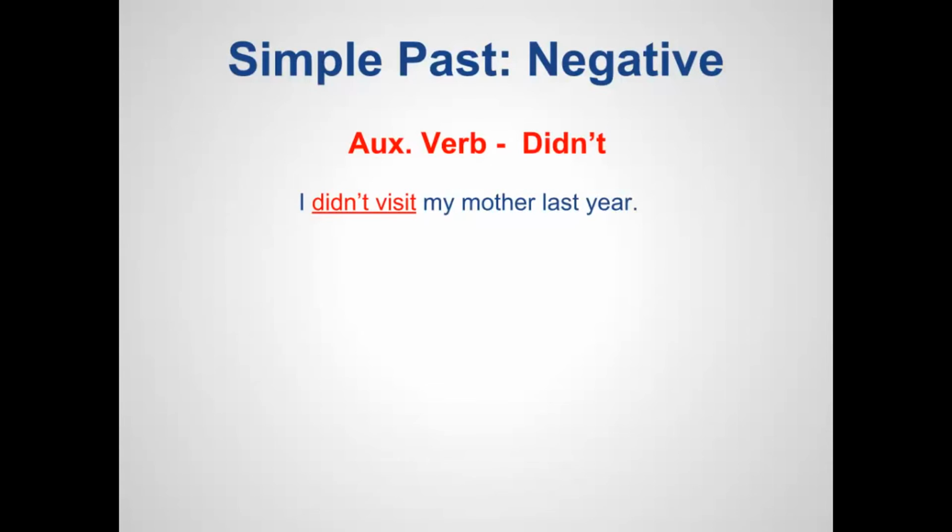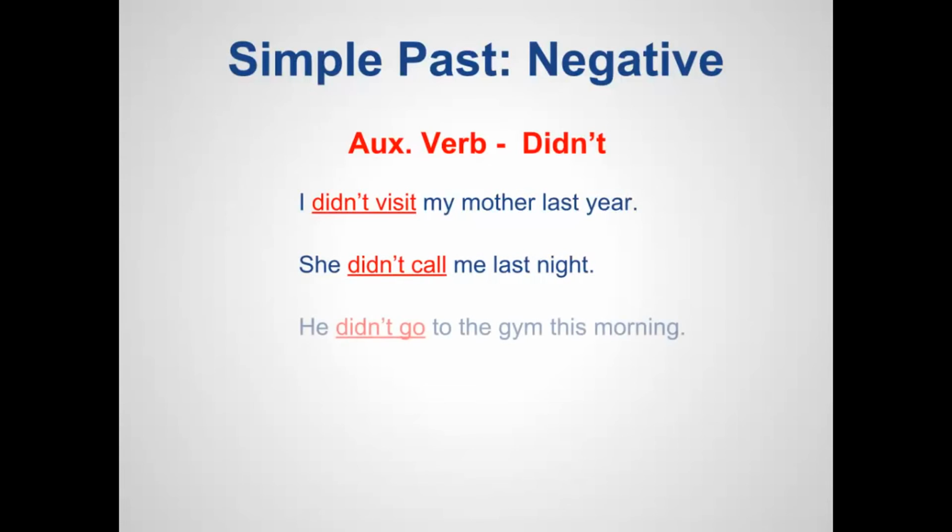So you see the auxiliary verb and the verb. She didn't call me last night. He didn't go to the gym this morning. They didn't see the videos on YouTube.